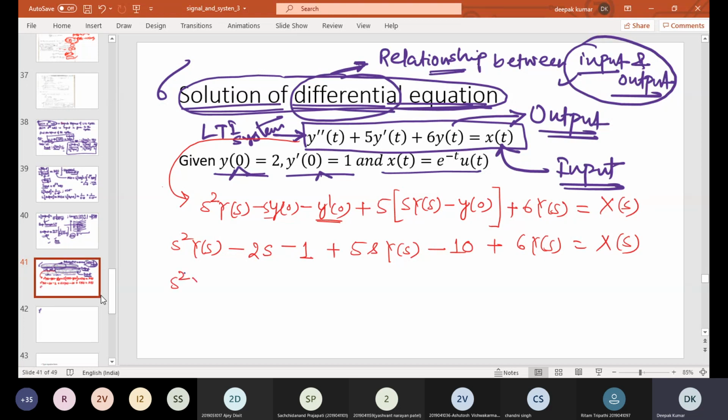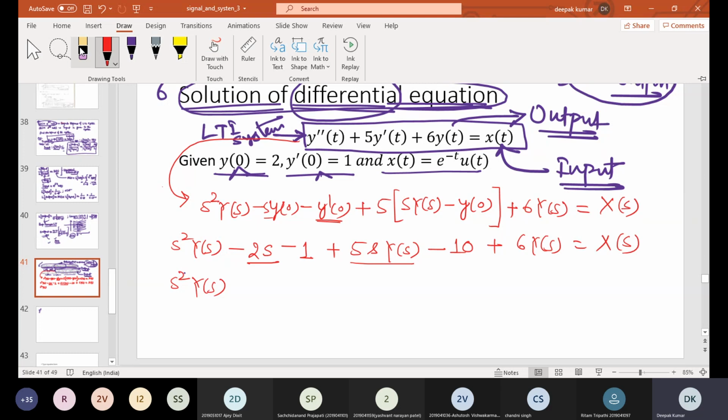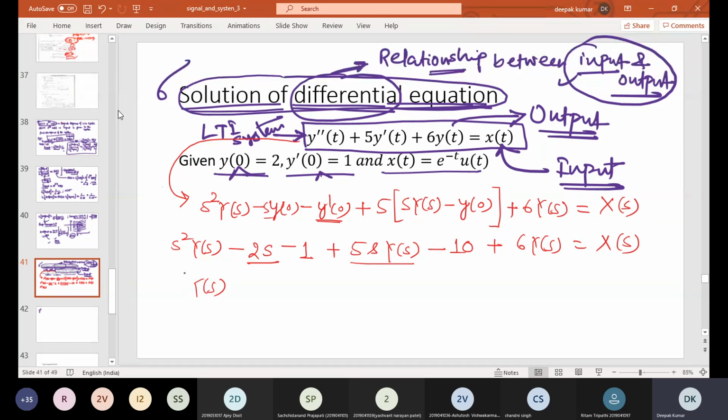Here s square ys, 2s, 5s ys. Take ys as common so that we can represent the expression in term of ys divided by xs.